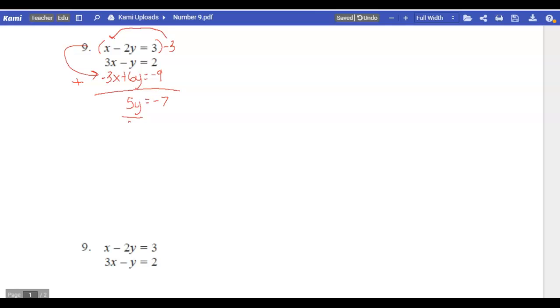So now when I divide by 5, I'm going to get an answer, if you did this on your calculator, of a -1.4. And this is definitely one of those questions where you're going to need a calculator available.